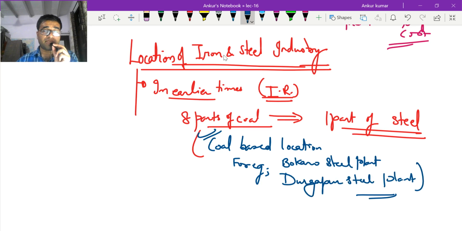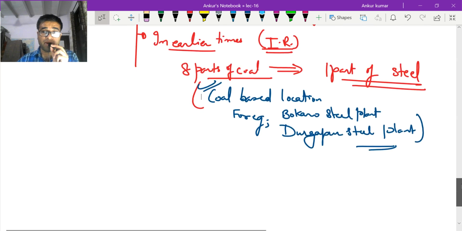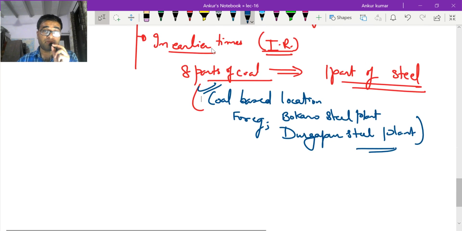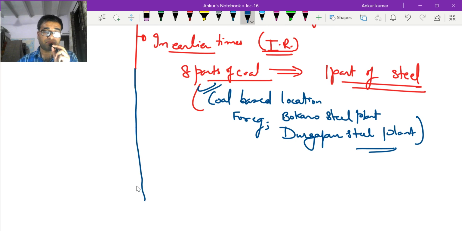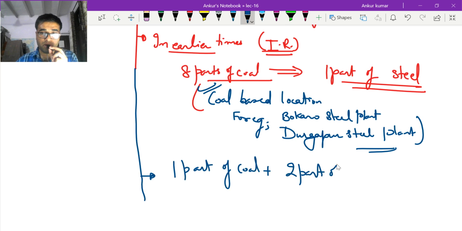Now, as the technology improved, the amount of coal required to produce one part of steel reduced. That means now we just require one part of coal and two parts of iron ore to produce one part of steel.